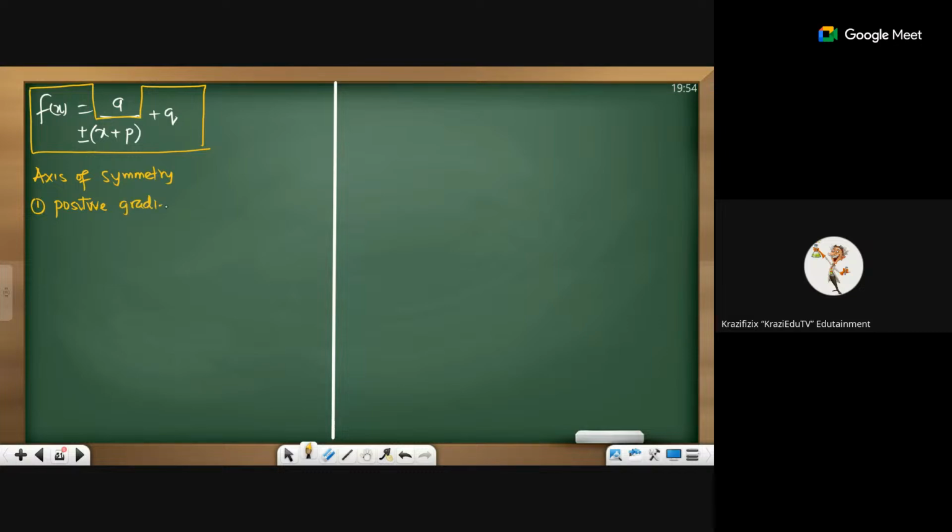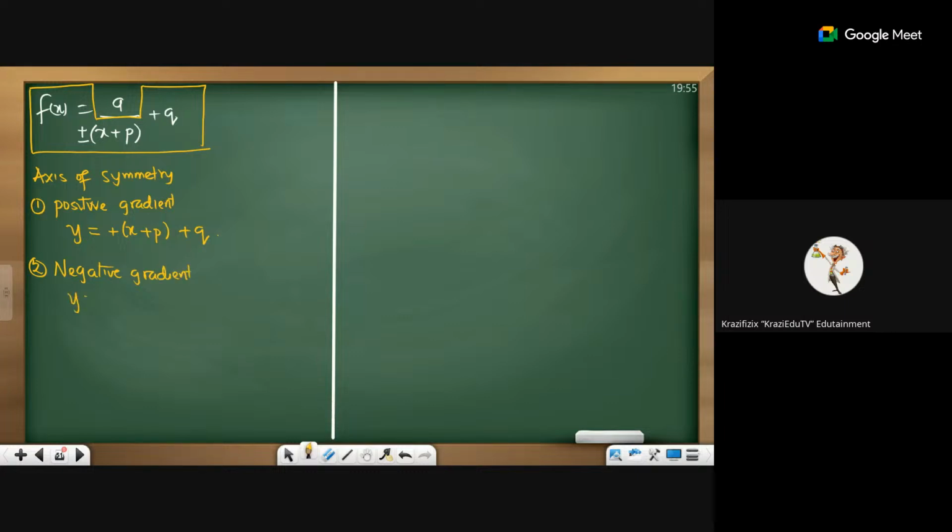How are we going to write that? Y, see I've cut out A. I take the positive, x plus p, plus q, and then I solve. Number 2, the one with a negative gradient, what are we going to do?